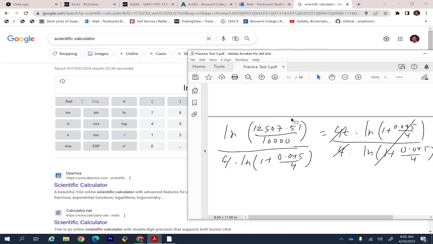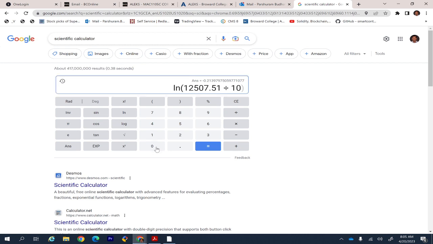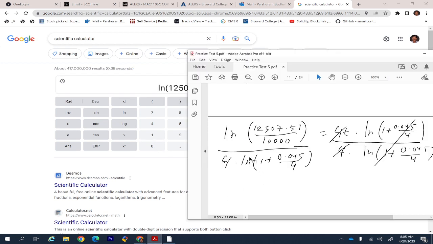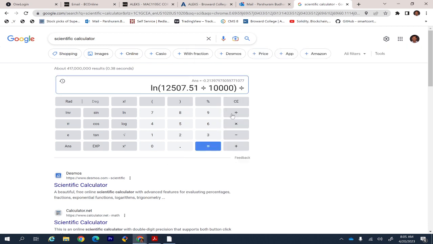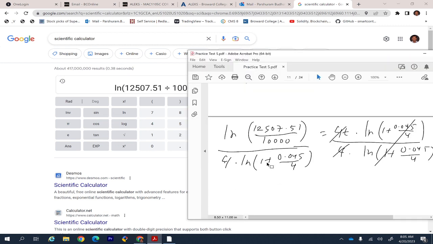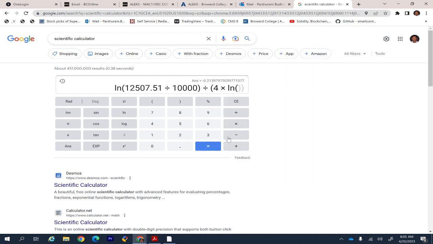You have to be careful with this parenthesis. 10,000. Parenthesis close. And there is a divide sign again. Give another parenthesis. 4 times ln. It's 1 plus 0.045.